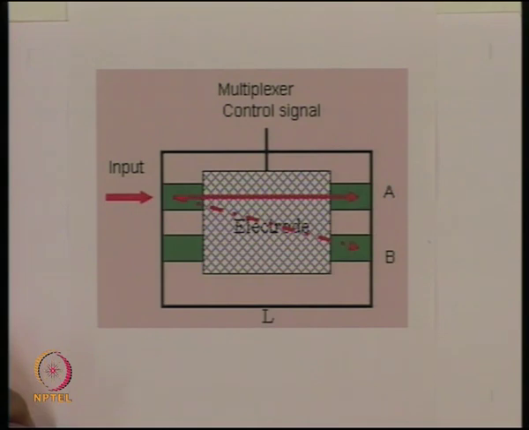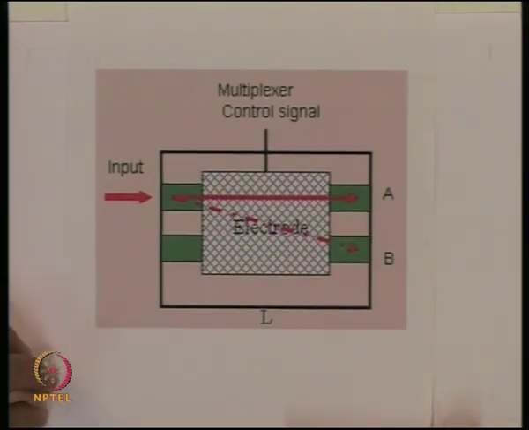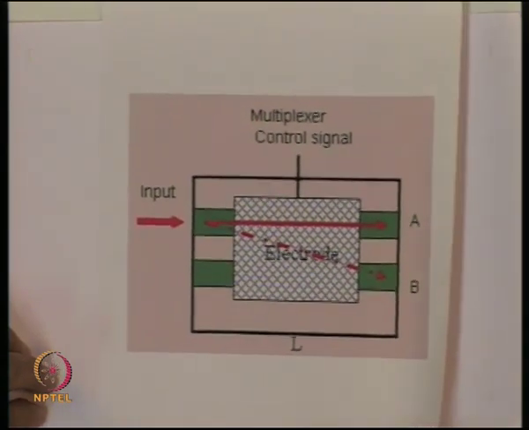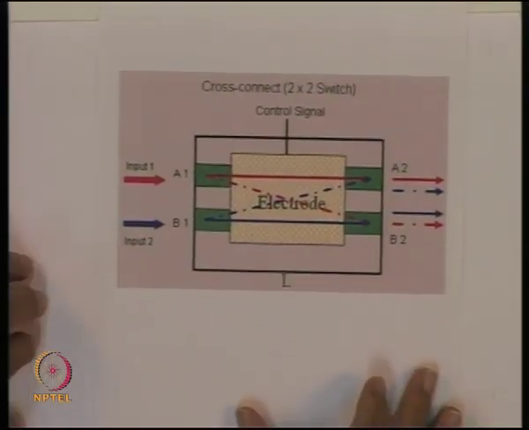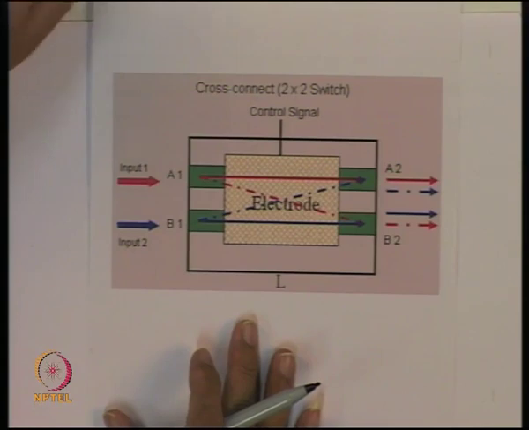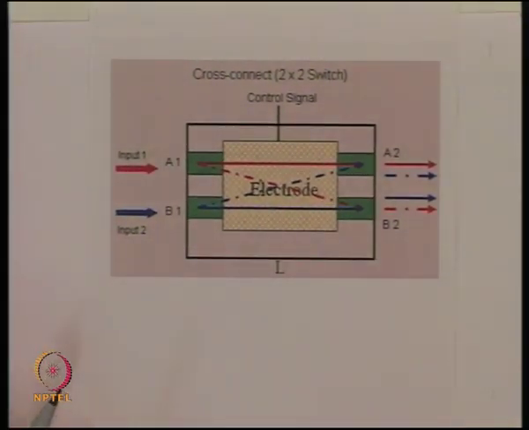So, you can have an amplitude modulator on the same principle, you can realize the multiplexer. You can go further and see the same principle can be extended to create what is called a cross connect.